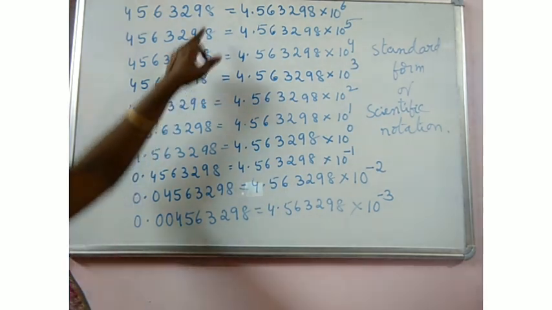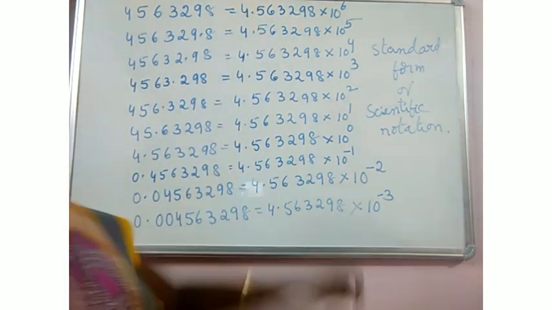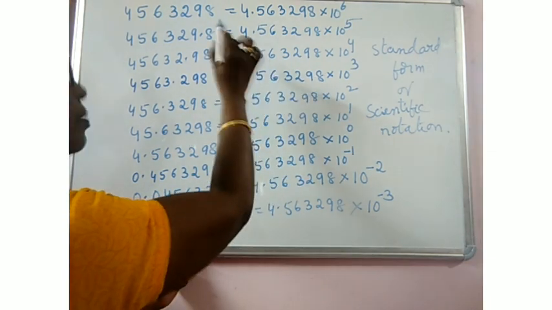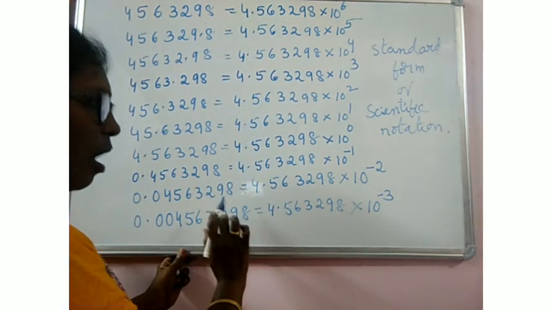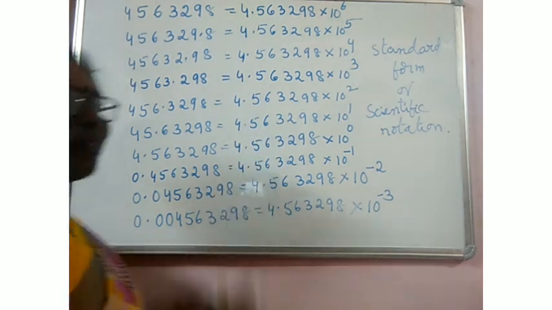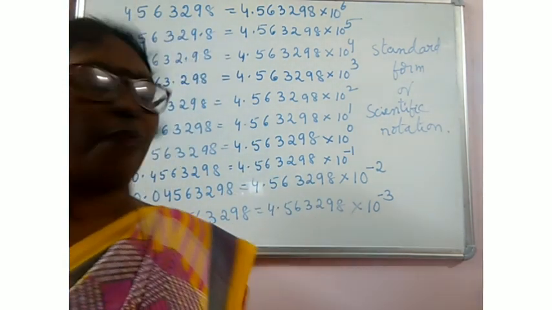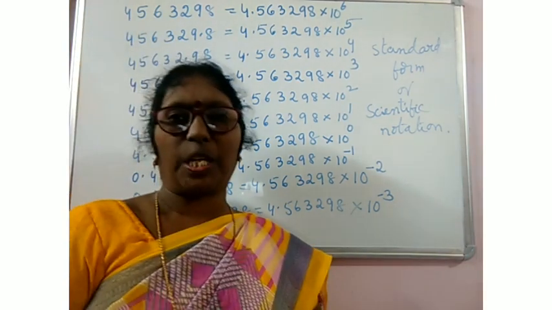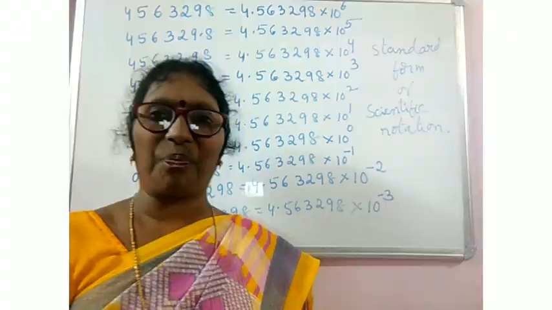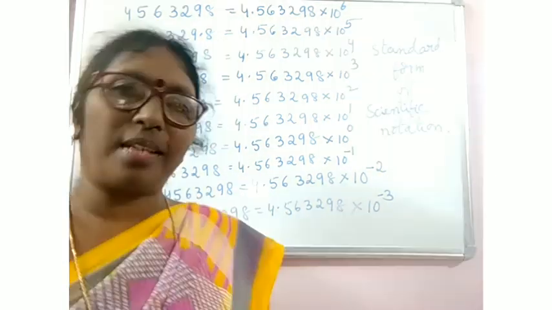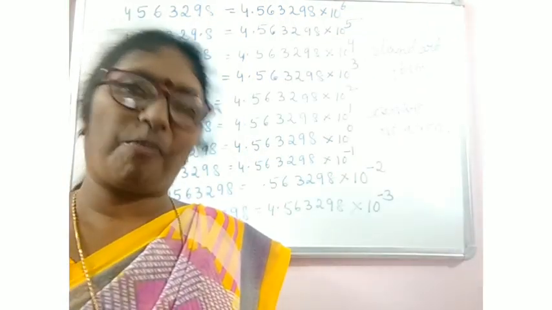I explained the decimal at different places, and everywhere you put the decimal after 1 non-zero digit. I hope what standard form or scientific notation means is clear to you. Please go through it. Very, very important. I believe you understood. Thank you.